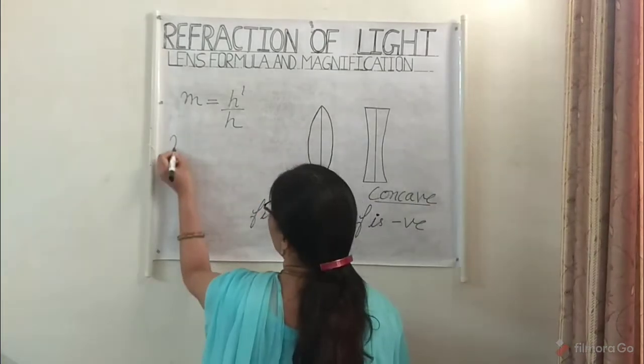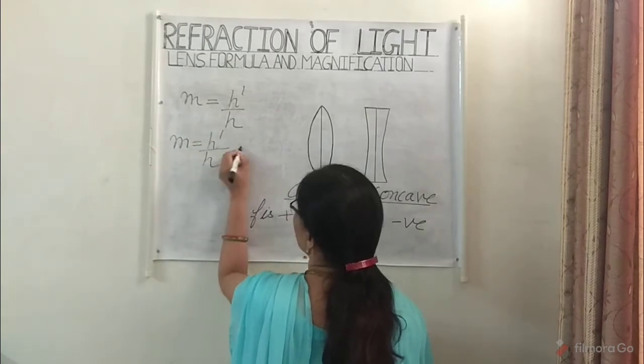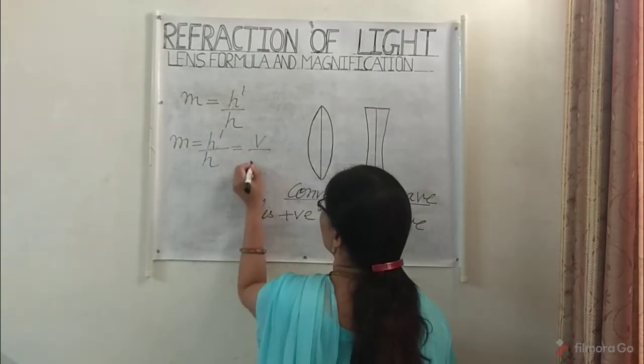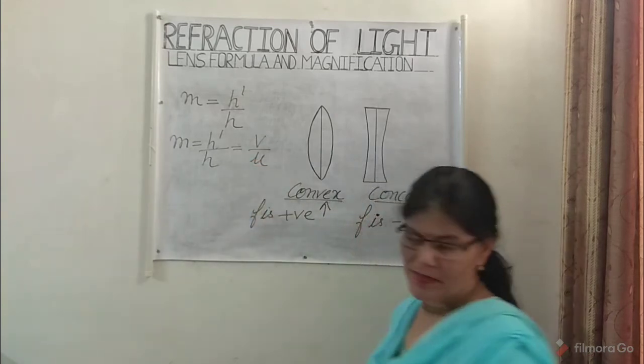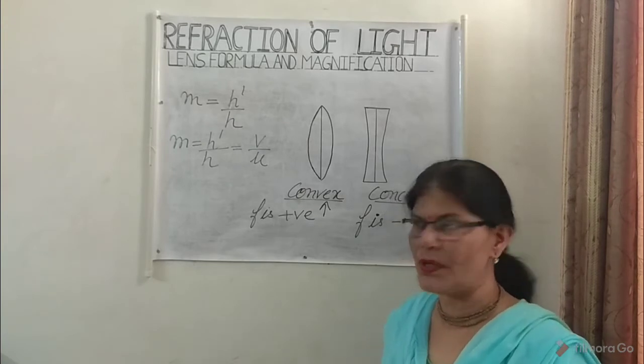Magnification m is equal to h dash upon h, which is equal to v upon u.